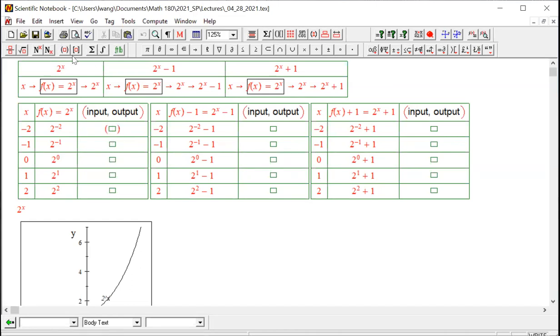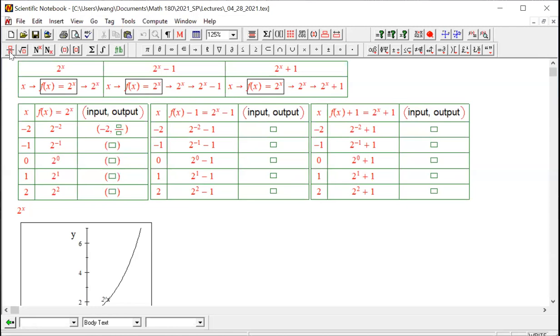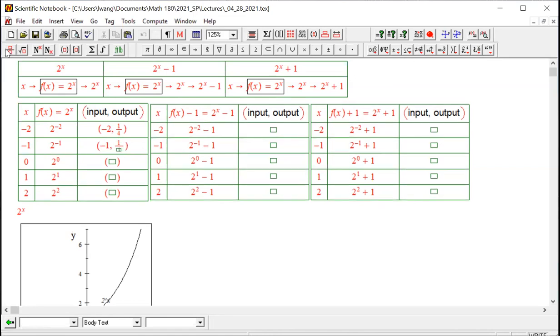And the points: this is negative 2, quarter, and this is negative 1, half, 0, 1, 1 comma 2, 2 comma 4.